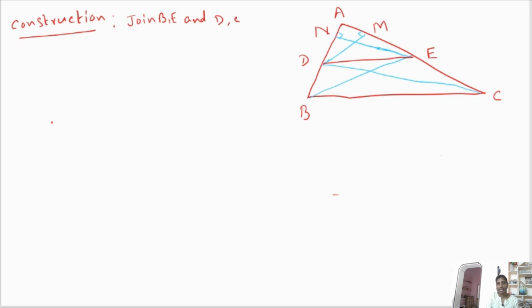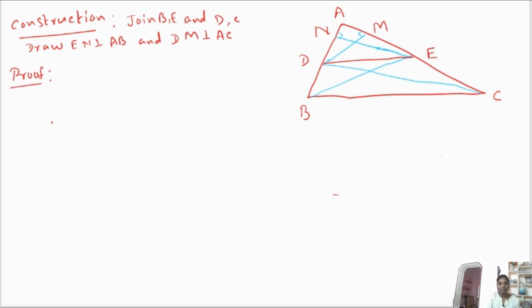And draw EN perpendicular to AB and DM perpendicular to AC. This is our construction. Now let us start the proof.